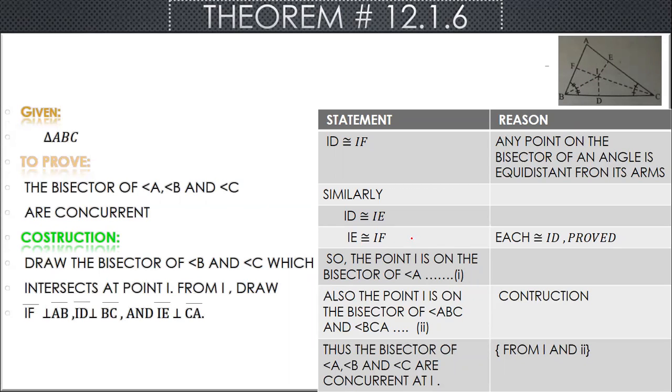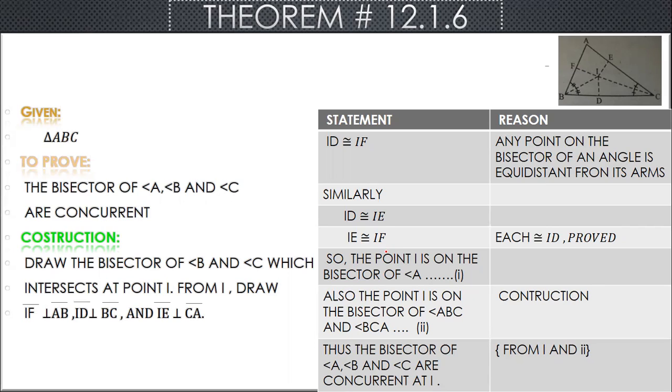Again, we are using the transitive property of real numbers. If you remember, in theorem 4 we also used the same property, where OA is congruent to OB and OB is congruent to OC, then we said that OA and OC are both congruent. Same situation here. ID is congruent to IF, ID is congruent to IE, so IE is congruent to IF.